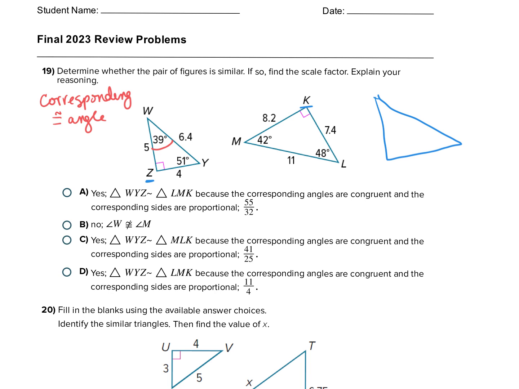So to get it in the same orientation as WZY, I have to rotate this. I'm trying to envision rotating KLM.